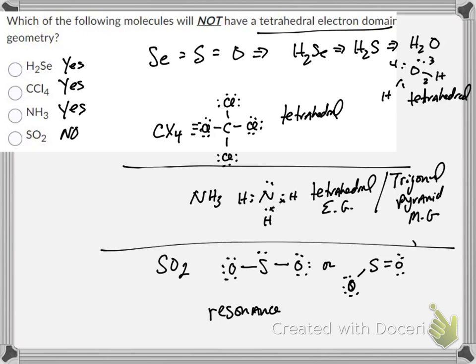It's electronically trigonal planar. So SO2 is not an electronic tetrahedron. It forms a resonance structure.